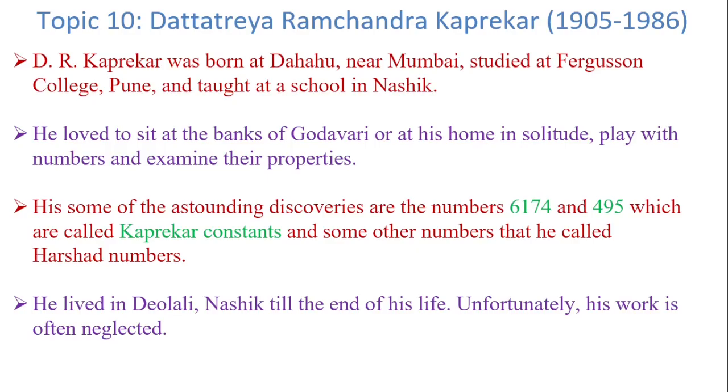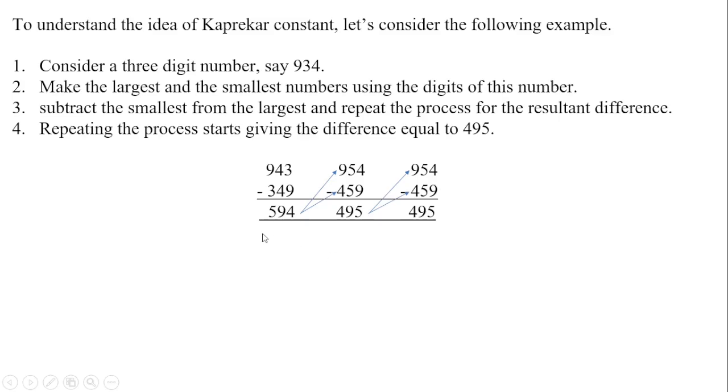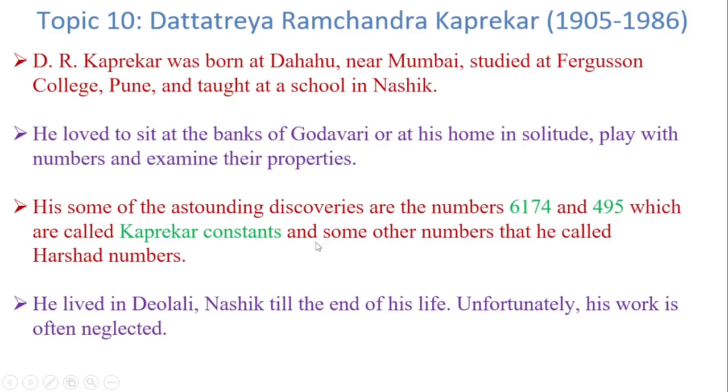Some of the astounding discoveries by Kaprekar were the numbers 6174 and 495, which are called Kaprekar constants, and also some numbers that are called Harshad numbers.